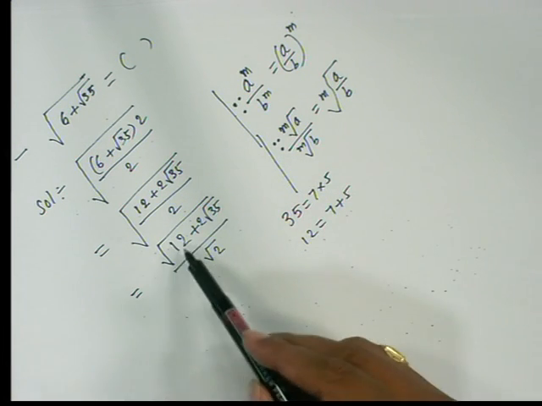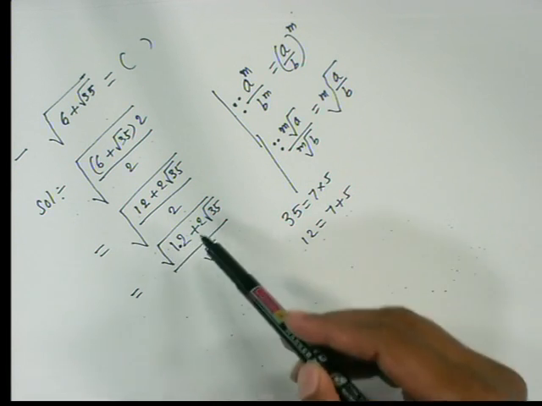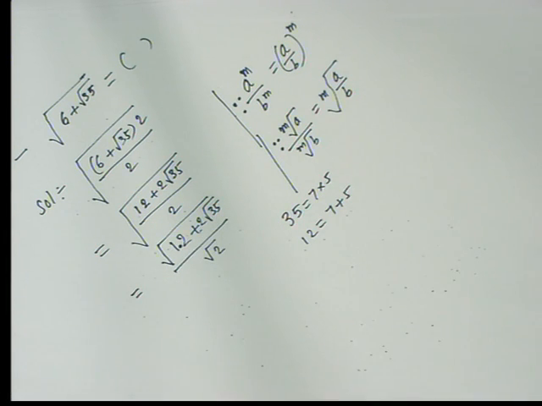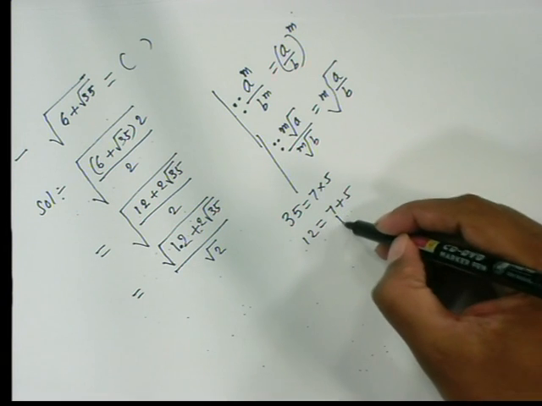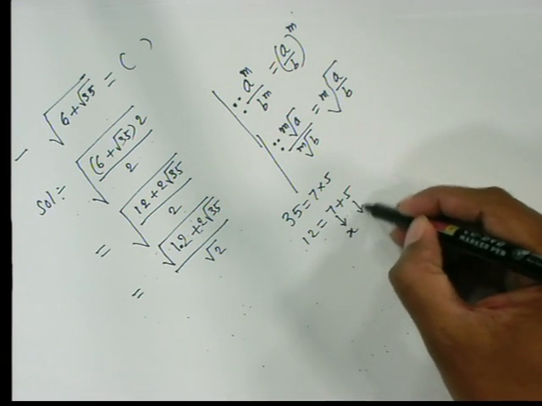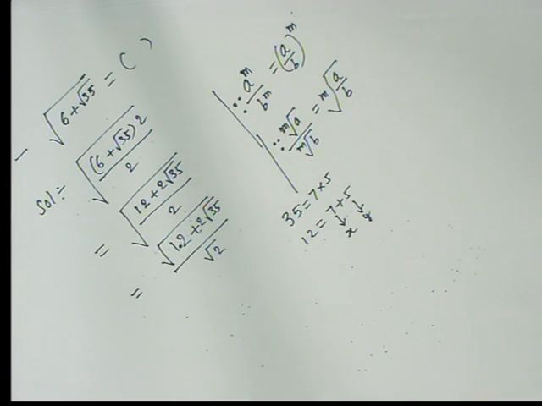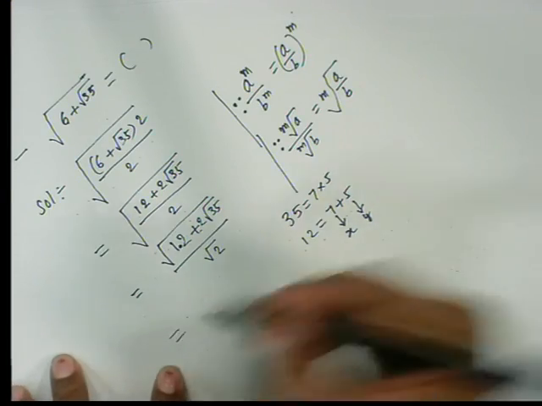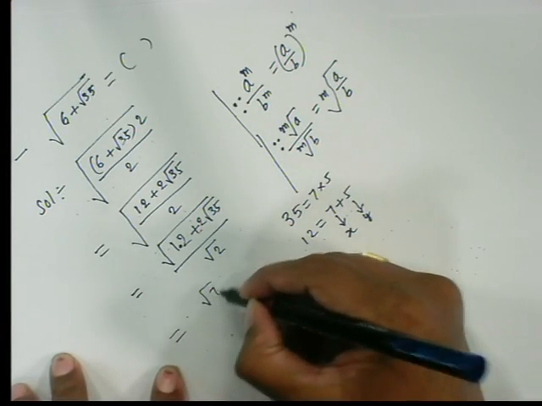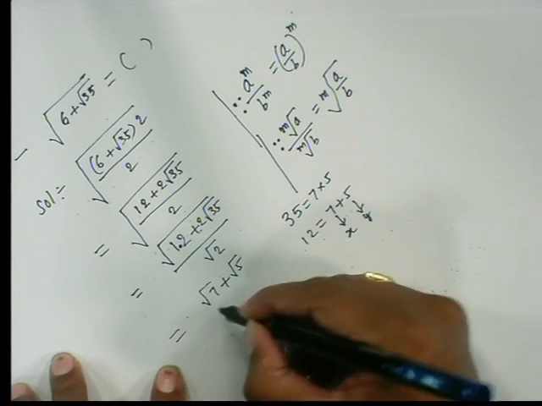That means this 12 is 7 plus 5 plus 2 root of 7 into 5. Here this is x, this is y. This is in the form of root x plus root y, already we have discussed, where x must be greater than y. So, we have to consider x as 7, y as 5. Now this can be written as root 7 plus root 5 by root 2.